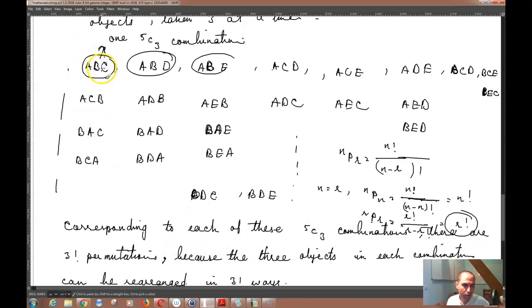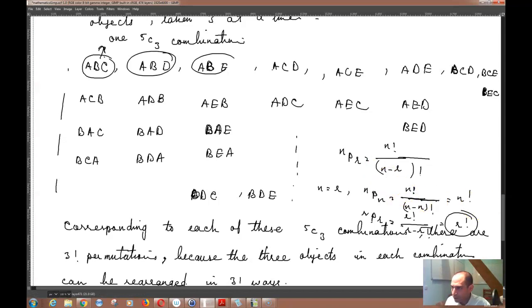So all the different permutations of 3 distinct objects is always equal to 3 factorial. If the number of objects becomes 4, then it becomes 4 factorial. If it becomes 5, it is 5 factorial. If the number of objects is R, it is R factorial.